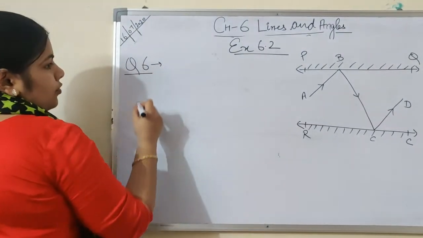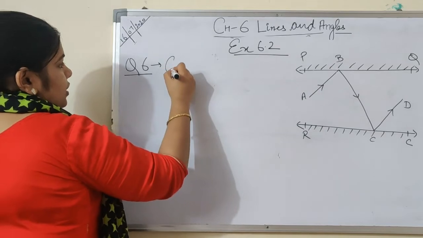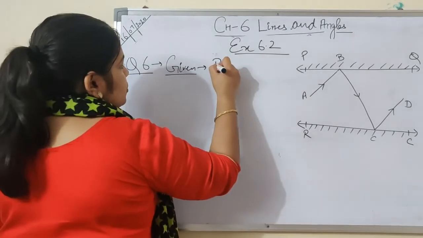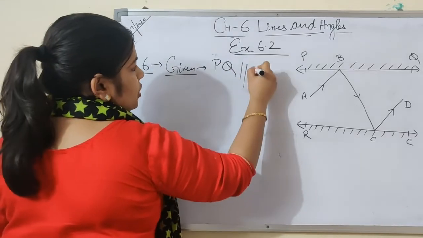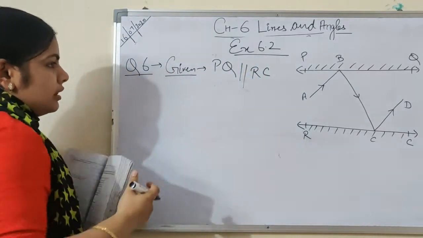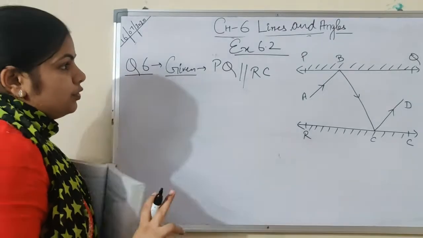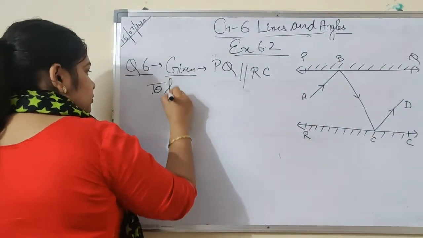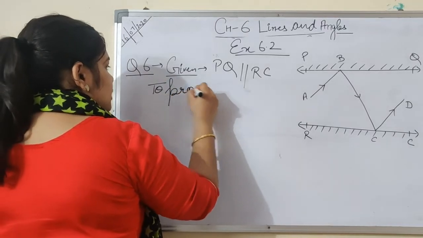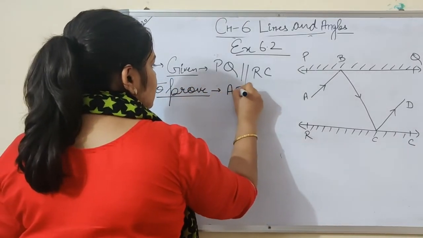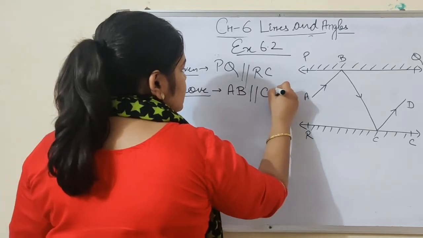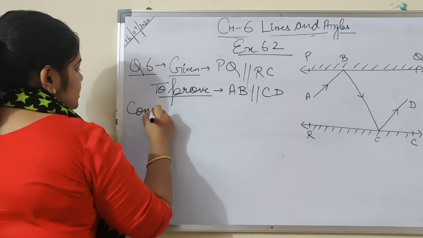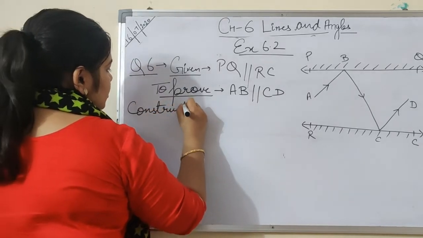Now what is given to us is that PQ is parallel to RS. Okay, now what we have to prove? We have to prove that AB is parallel to CD. So, to prove is AB is parallel to CD. Is this clear? Now before proving this I am doing a construction.